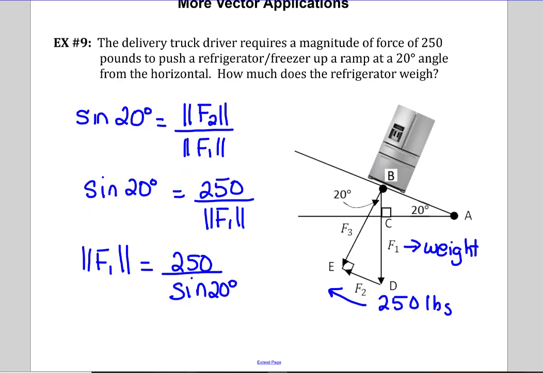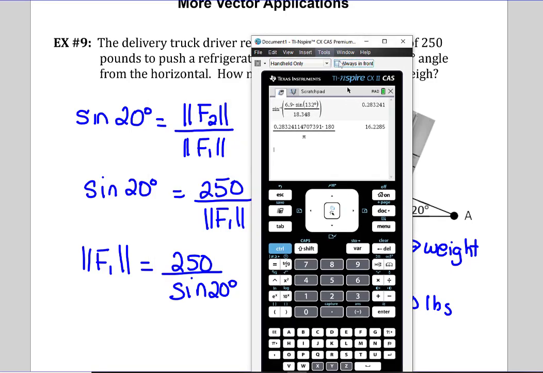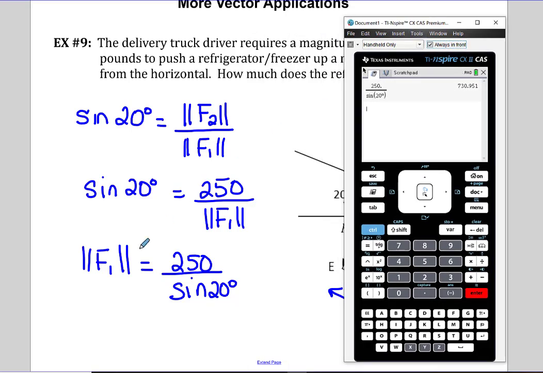So that's pretty straightforward on our calculator. So 250 pounds in the numerator divided by the sine of 20 degrees in the denominator. And that's a pretty heavy refrigerator, about 731 pounds.